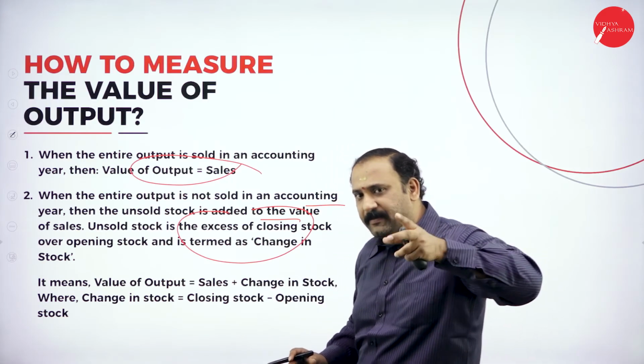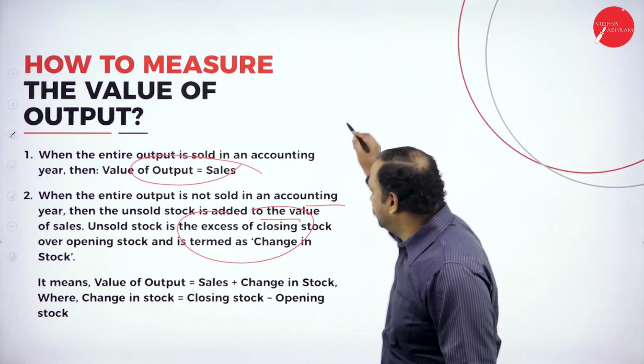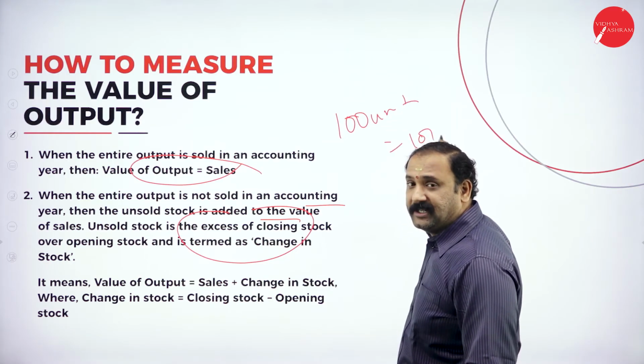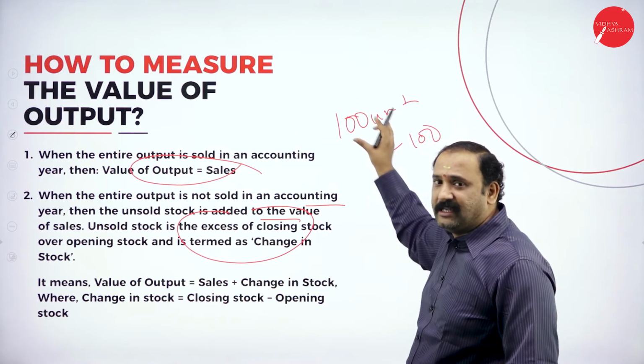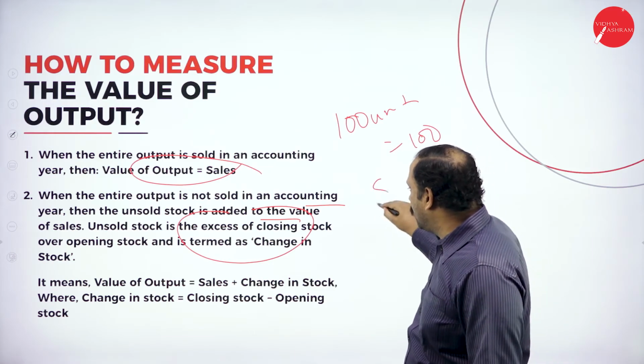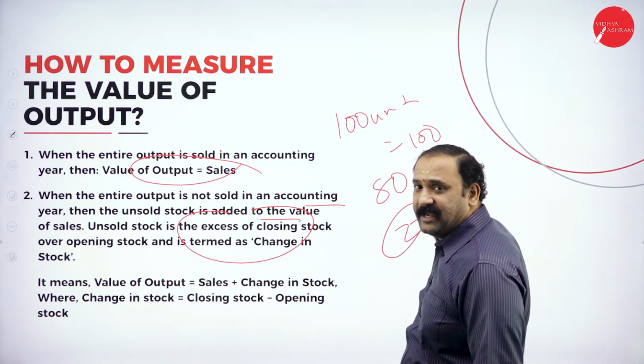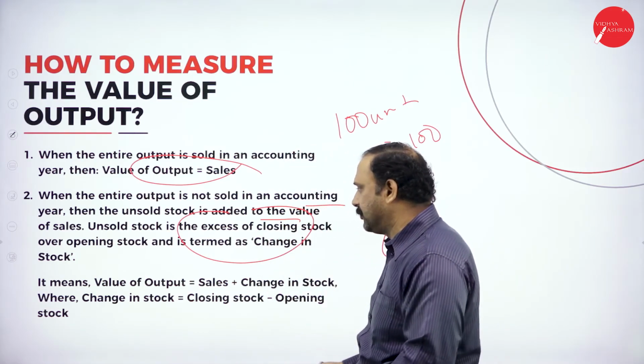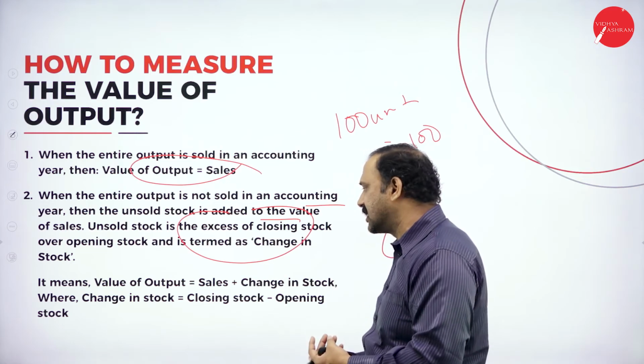Let me explain. If 100 units are manufactured and all 100 units are sold, then we don't have to worry. Out of the 100, if only 80 are sold, 20 remain. That 20 has to go to the next year as a carry forward. So the change in that excess stock comes into the picture.